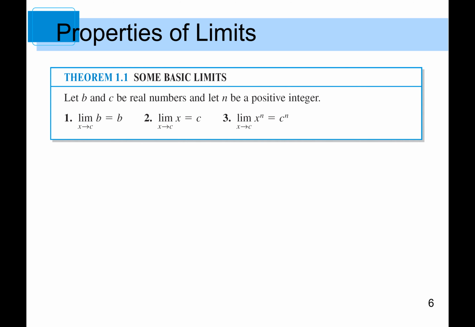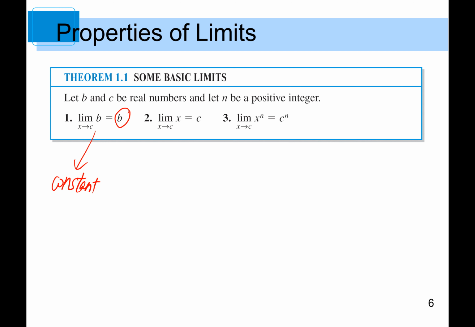Okay, so let's take a look at some basic properties of limits. Let b and c be real numbers, let n be a positive integer. So the limit when x approaches c for a constant b, so b is a constant. The limit of a constant at any point will be the same constant.